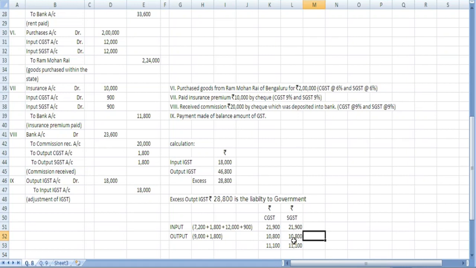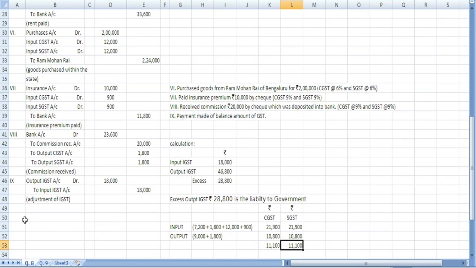At the time of collection we have collected 10,800 and we have paid an excess of 11,100. Whatever excess we have paid, that excess amount we will not get back. Now you will think that we have paid 21,900 CGST and SGST, but we have collected only 10,800, that means the remaining 11,100 we will get back. No, this will be adjusted with the liability that you have to pay to the government as output IGST.